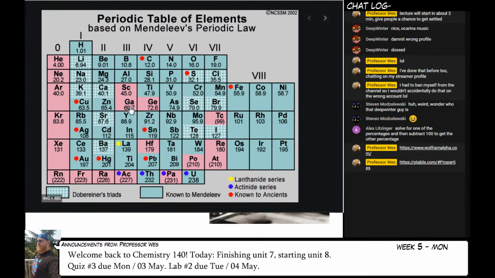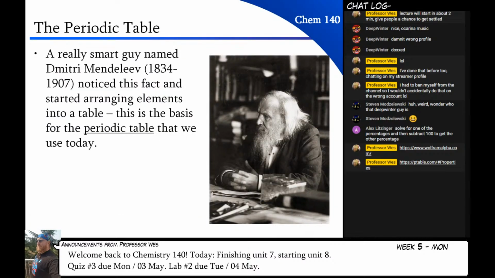Gallium was not known when Mendeleev constructed the periodic table, but he said, okay, I expect this element to have some mass between 65.4 and 72.6, and it's going to be real similar to aluminum and indium, and yttrium and boron, anything in this column, really. His prediction was to look for a substance with these properties, and it turned out to be exactly right. He was able to identify the existence of gallium before it was ever discovered.